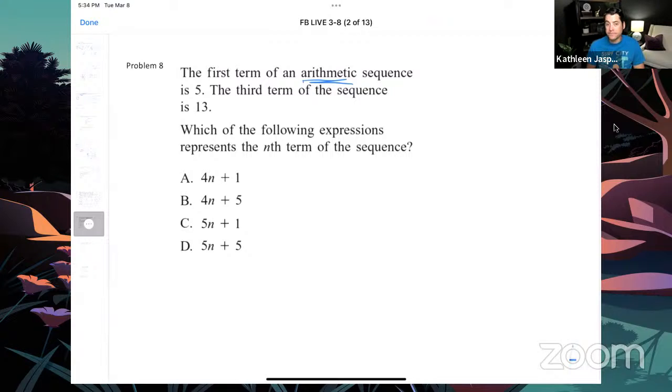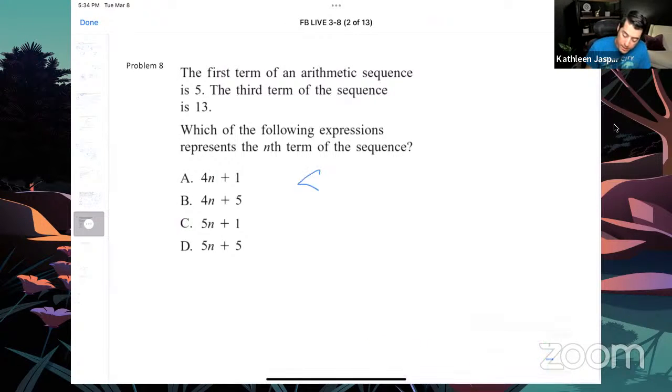And yes, you can. Arithmetic sequences deal with addition, and I think you could probably do subtraction, but mostly addition. There's going to be a pattern of adding or taking away. So that's what an arithmetic sequence is.